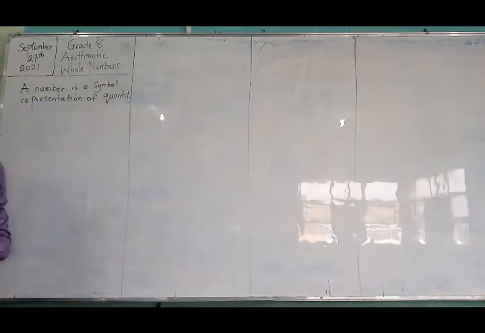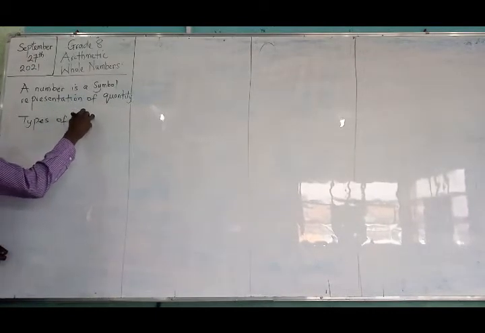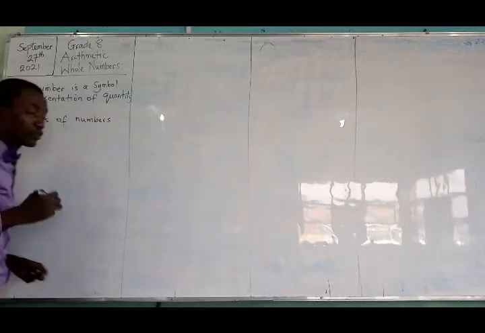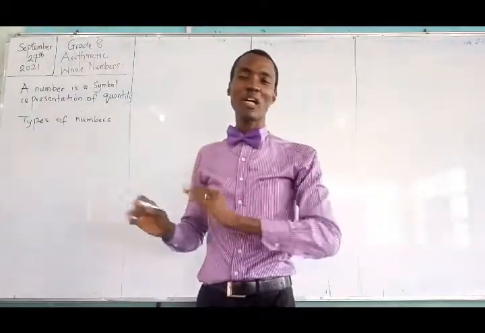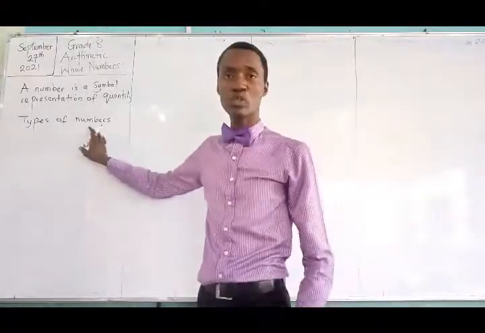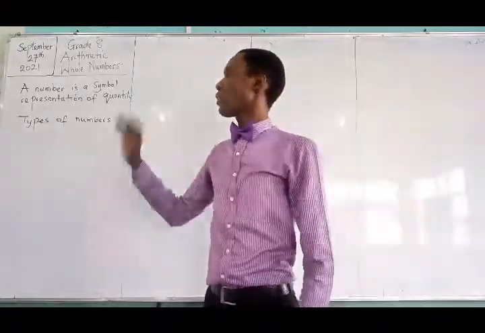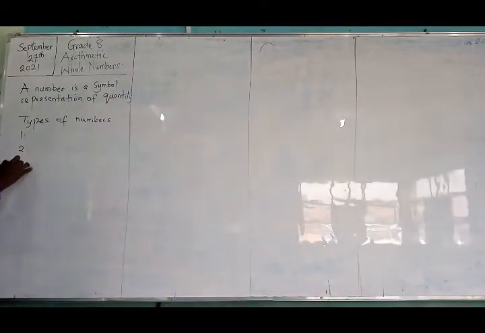The next interesting thing we want to know will be, what are the types of numbers? I've done extensive videos on all of this, so I'll just keep them very, very simple, and then you can look up my other videos and get these explanations better. Now, types of numbers. Essentially, we have 5 types of numbers.